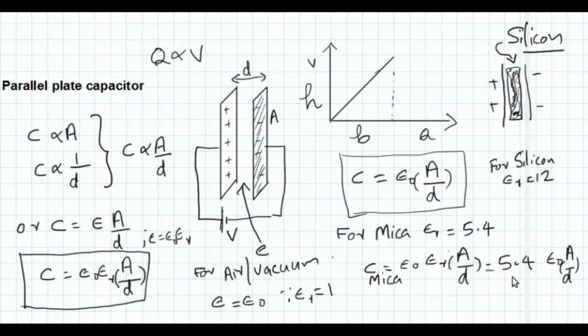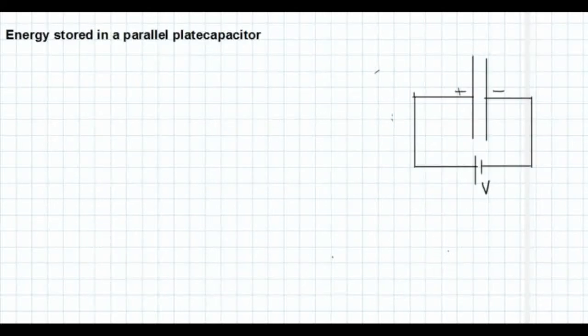That means it will be 12 into epsilon 0 into A by D. So if the space between the plates is filled with silicon, then capacitance increases further. This way we can increase the capacitance of a capacitor by placing dielectrics with a higher value of dielectric constant. Now how will we find the energy stored in a capacitor?